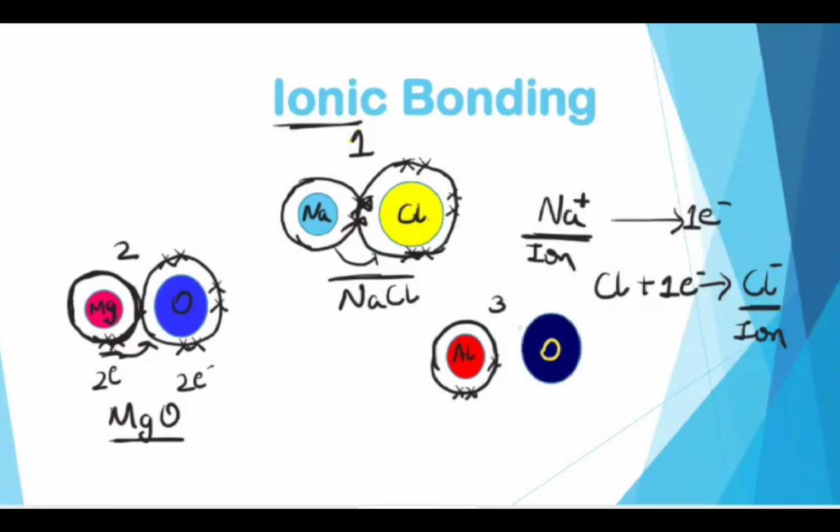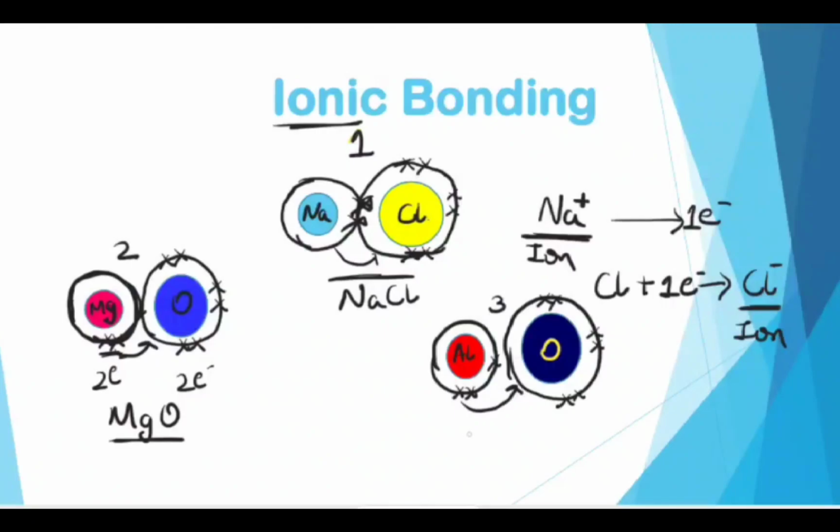How many electrons in the outermost shell of oxygen? 6 in the outermost shell, so 2 required. Now what exactly happens here? It takes these 2 and bonds.